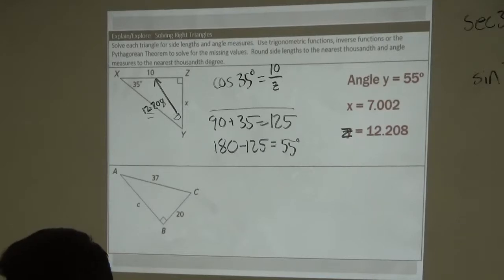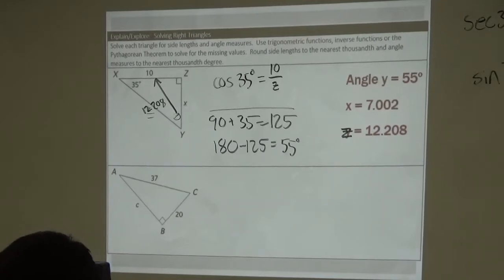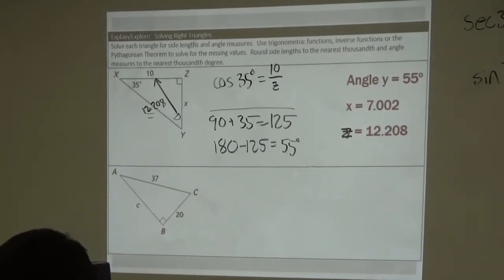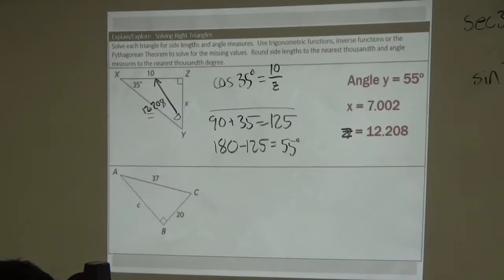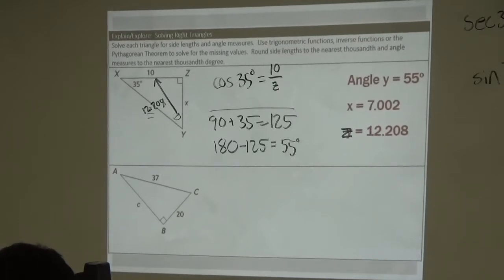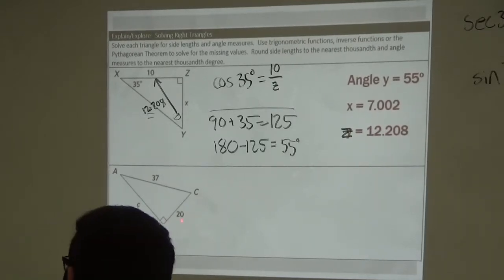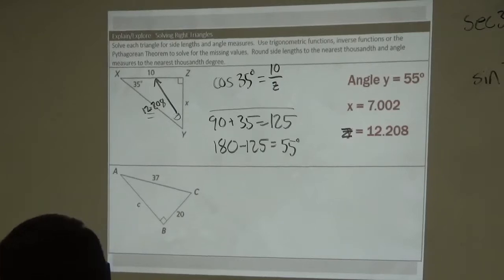Unfortunately, if you look at your picture, we can't use sine, cosine, or tangent, because do we have any of the acute angles? The only angle we have is 90. You can't use the 90-degree angle with sine, cosine, or tangent. So we can't use SOHCAHTOA, but we still can find C because we have the two other sides, so we're going to use the Pythagorean theorem.